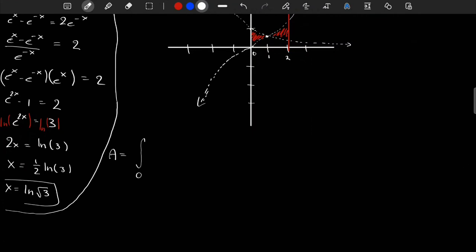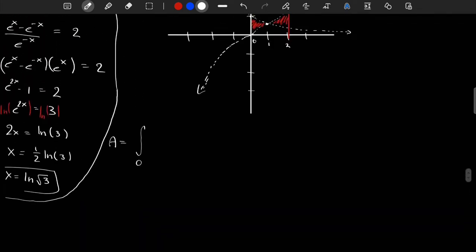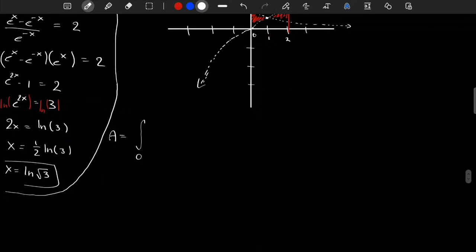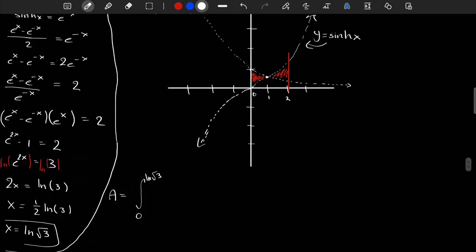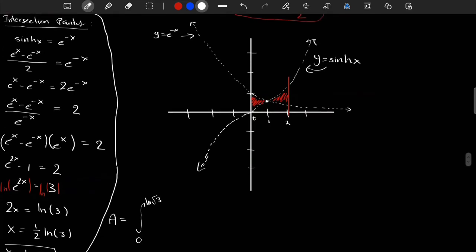It's not 1. That graph is not to scale, but we know that these two graphs meet at ln square root of 3. Now we're integrating with respect to x, so we're going to do the top curve minus the bottom curve. So we're going to do e to the negative x minus sinh of x.